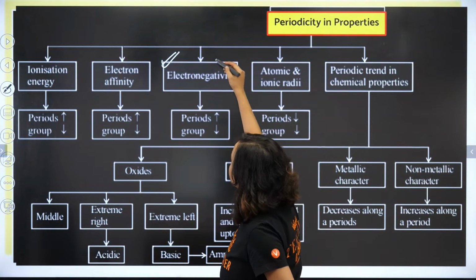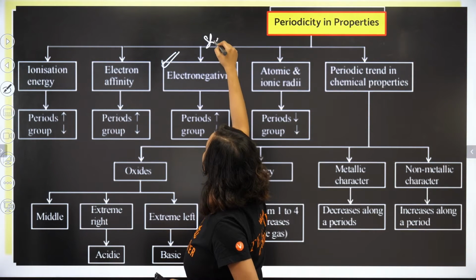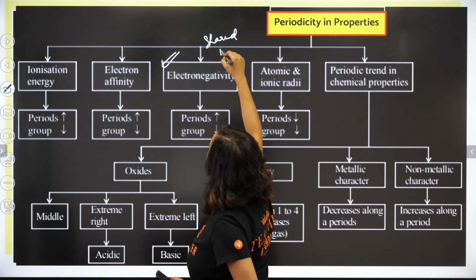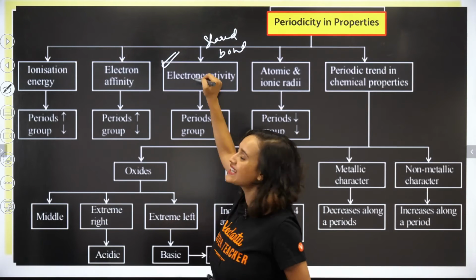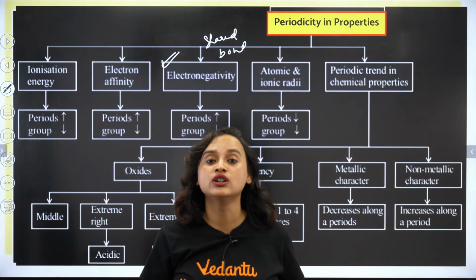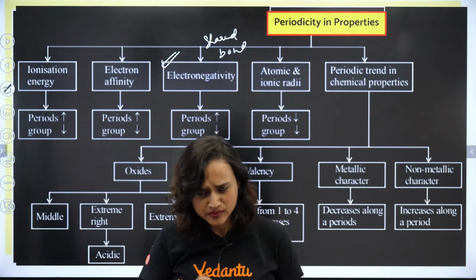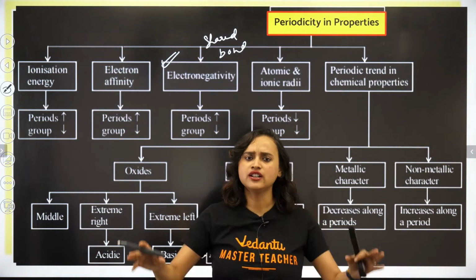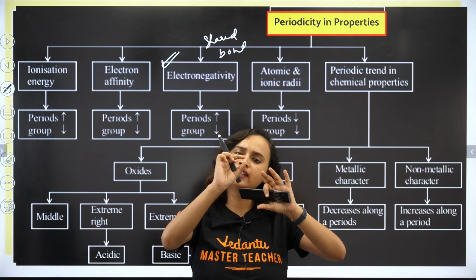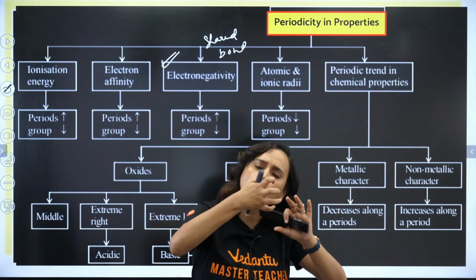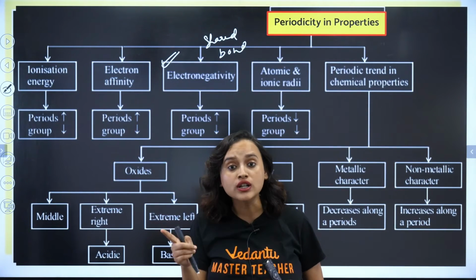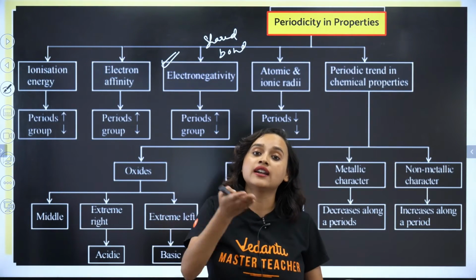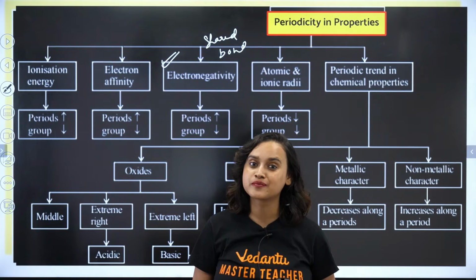This property is about a shared bond. Electronegativity is basically when two atoms are bonded together with a shared covalent bond. Whoever is pulling the covalent bond towards them becomes more electronegative.